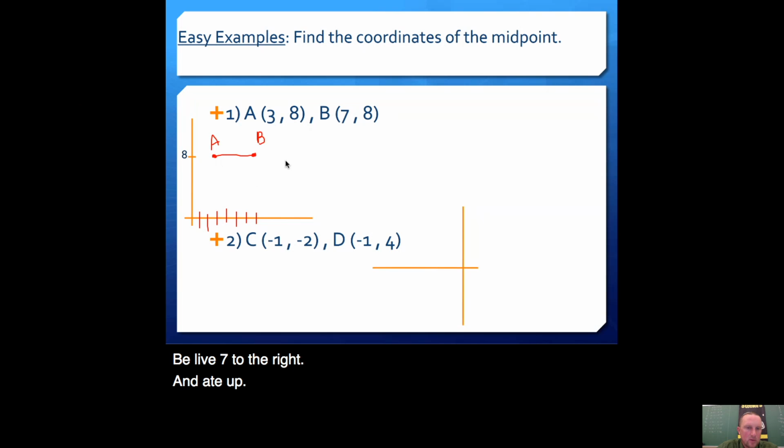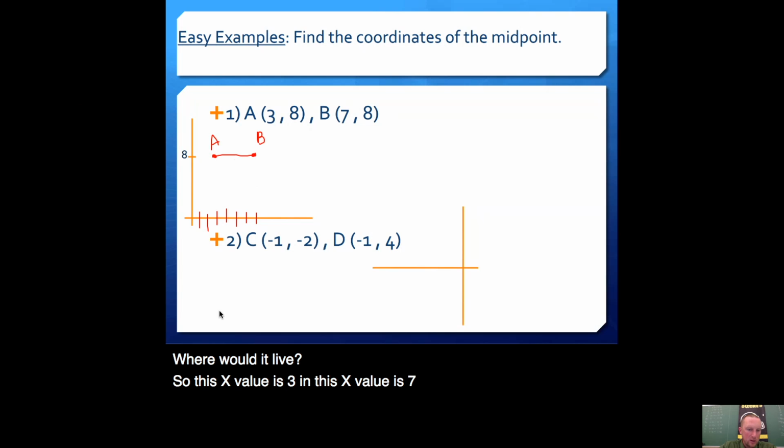So there's your segment. It will have one unique point that's the midpoint. Where would it live? This x value is 3, and this x value is 7.